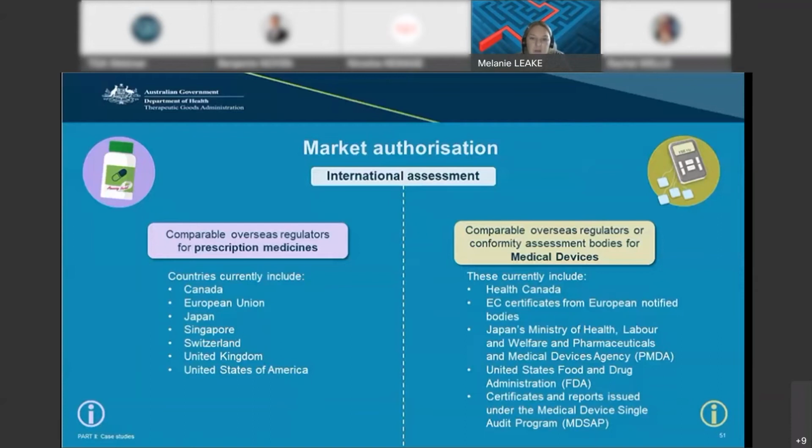The criteria used to identify a comparable overseas regulator and the processes for using overseas assessments will differ depending on the type of therapeutic good you have. The list is always growing, so it's a good idea to check our websites for any updates. Note that at the end of the day, the TGA is still the decision maker and the comparable overseas regulator or international body must meet our defined criteria and our processes.